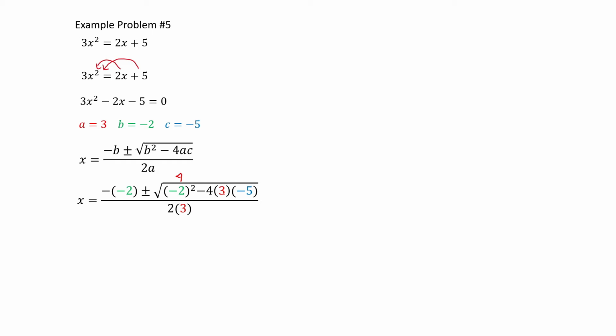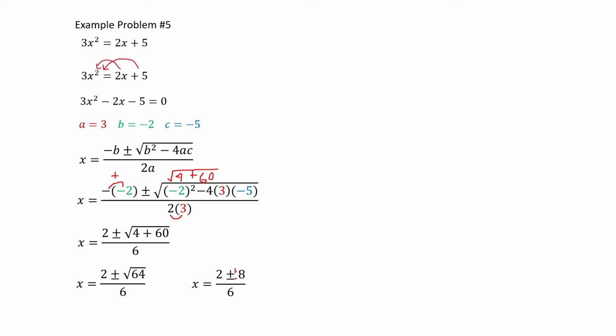And negative 12 times negative 5, this will be positive 60. And let's square root it. Negative times negative 2 will be positive, and 2 times 3 will be 6 here. And add 4, 4 plus 60, 64. And the square root of 64 will be 8.